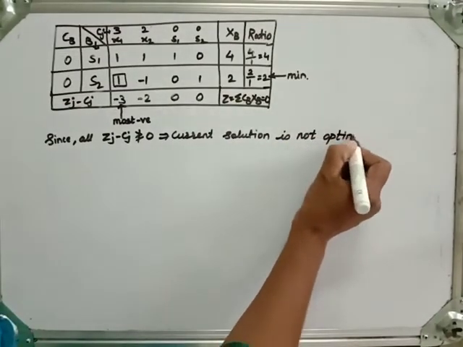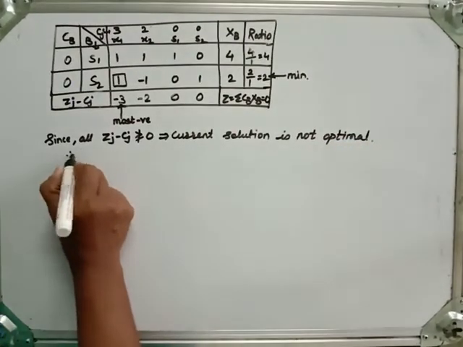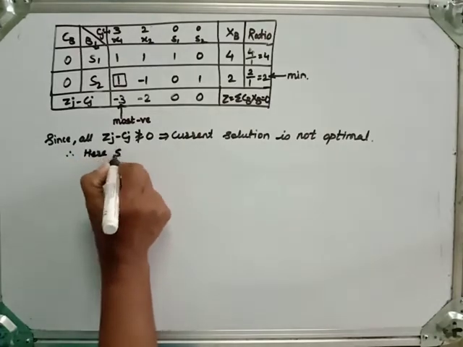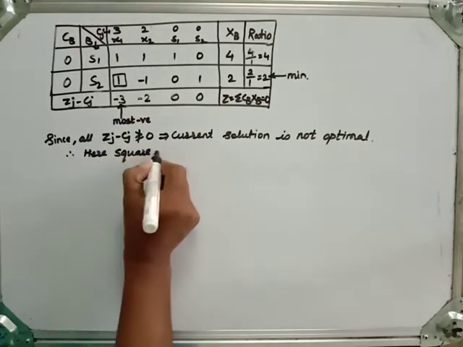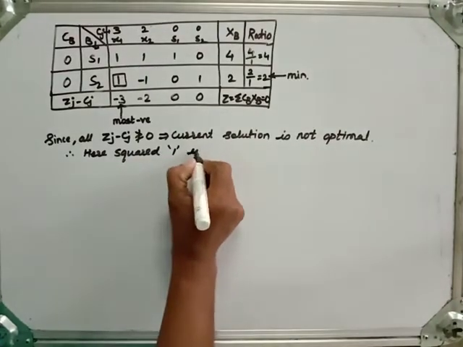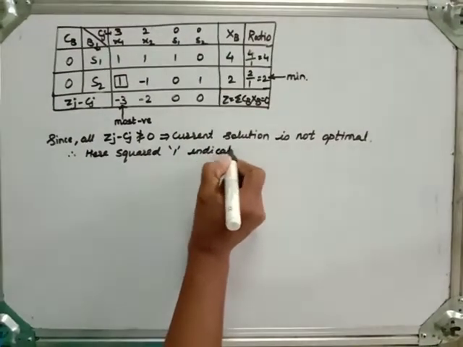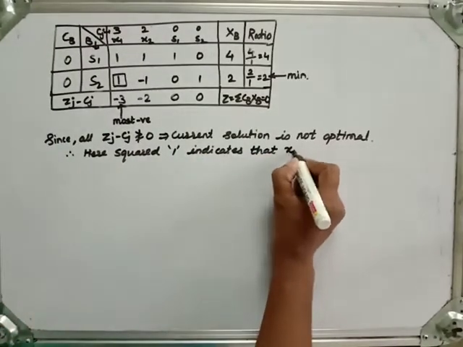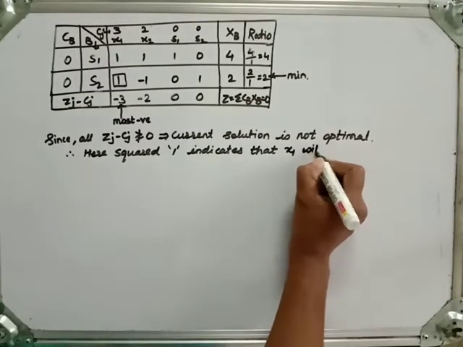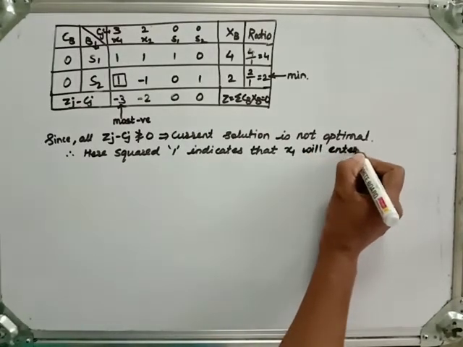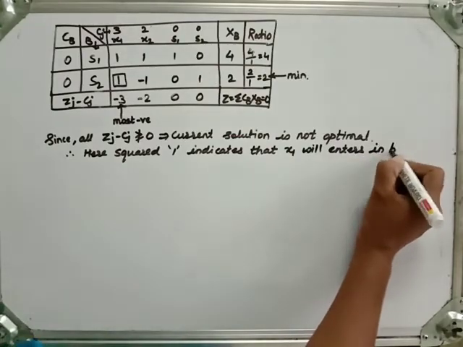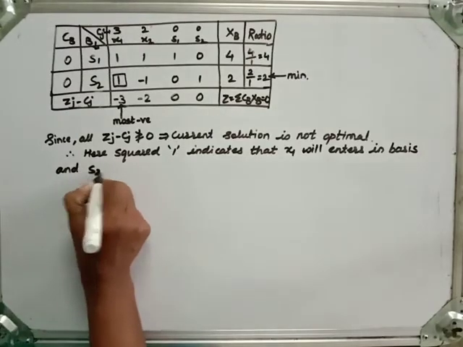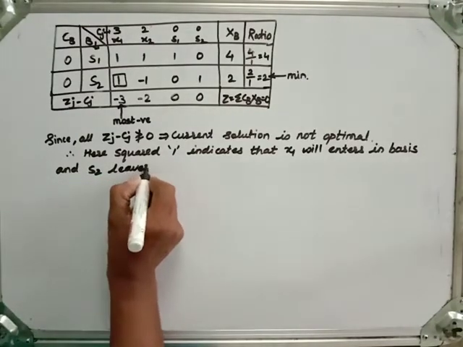Therefore, here the squared 1 indicates that x1 will enter in basis and S2 leaves the basis.